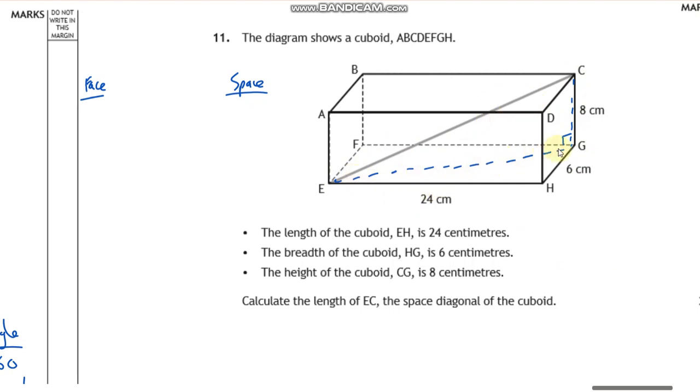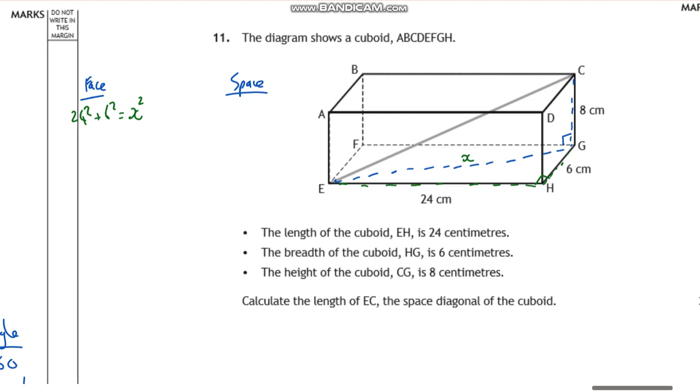So this length here is quite simply part of this triangle. 24 and 6 with a right angle in there. So if I was to do 24 squared plus 6 squared, I'll call that length x, that would give me x squared.